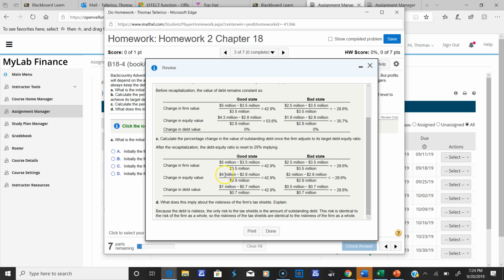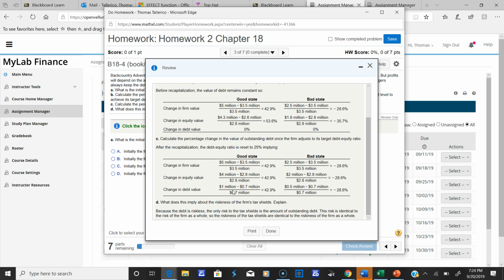The equity has to still be 25% debt equity. So look here, $1 million in debt, $4 million in equity. This gives you a 25% debt equity. Here are the original values. And again, this gives you a 25% debt equity in a bad state, and that's $2.5 million. So the good state is 42.9% and the bad state is minus 28.6%. Remember, it's got to be 25%. So 25% of 2 million is this, and 25% of 4 million gives you a debt of 1 million.